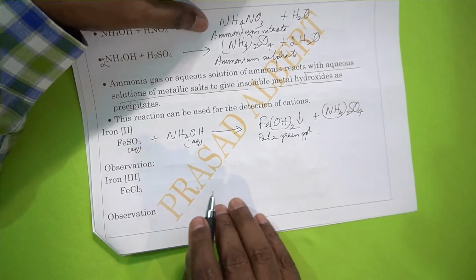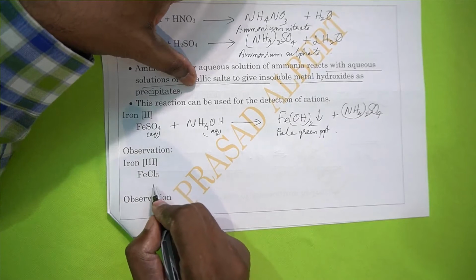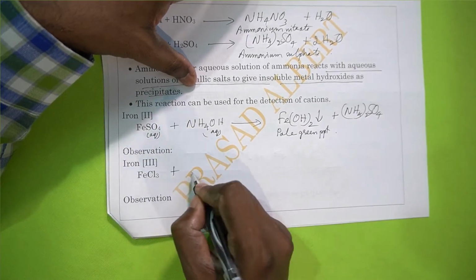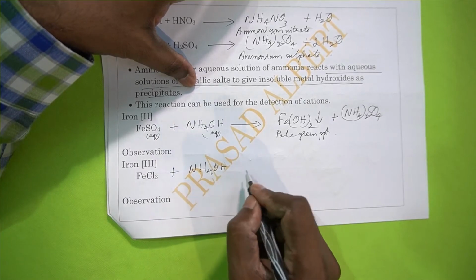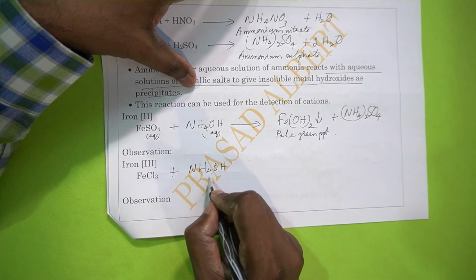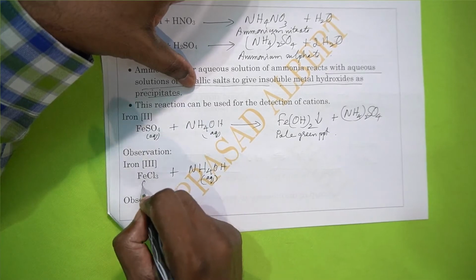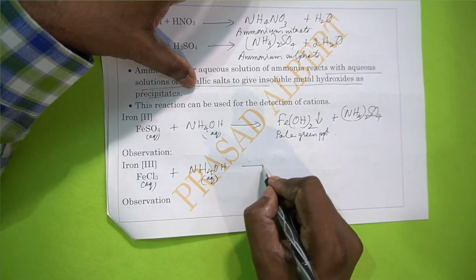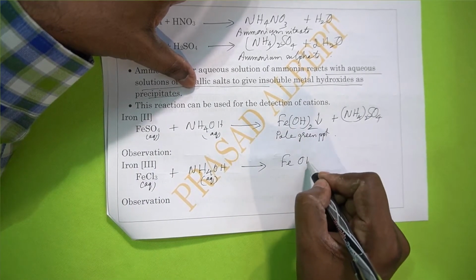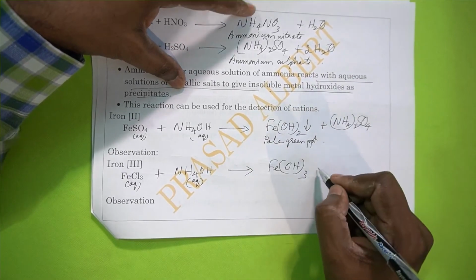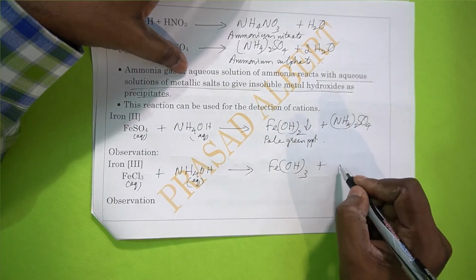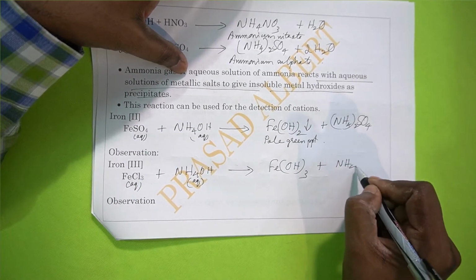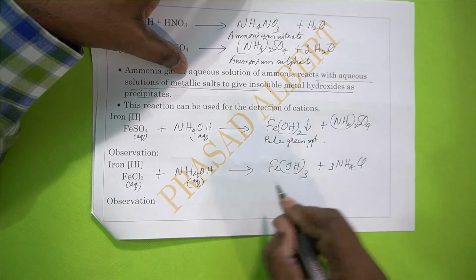Now if you take iron 3, that is FeCl3, iron 3 chloride, and you take ammonium hydroxide, NH4OH, both aqueous, what you get is Fe(OH)3, because iron is in plus 3 state here and in plus 2 state in the previous one, and you have 3 NH4Cl.